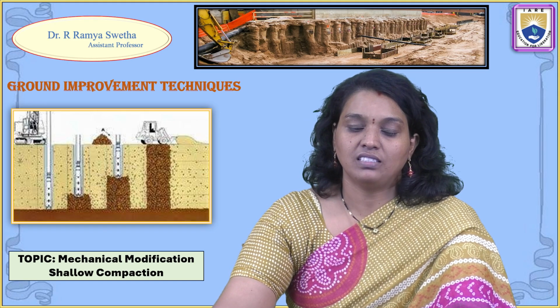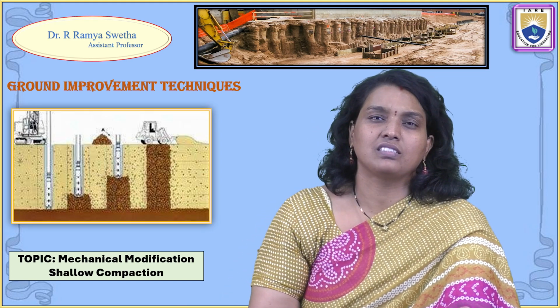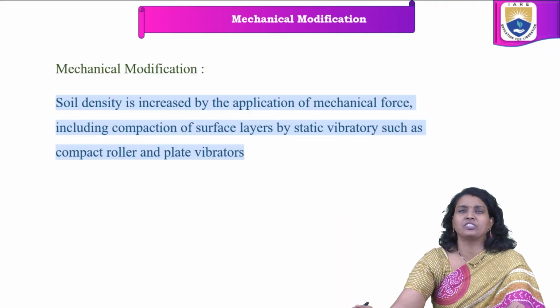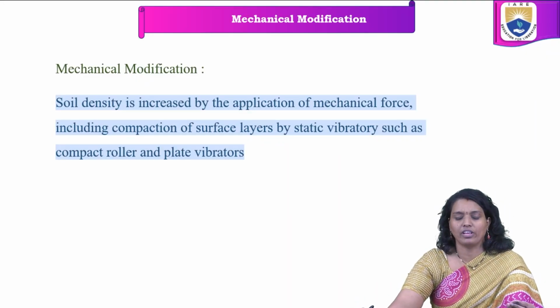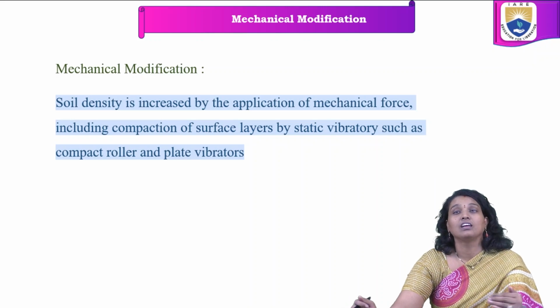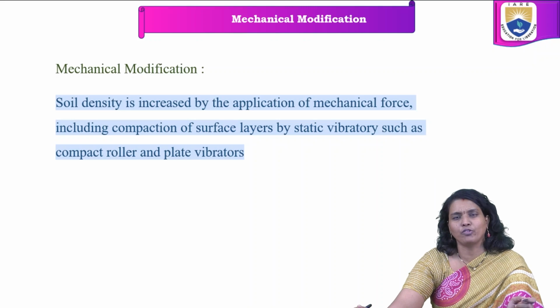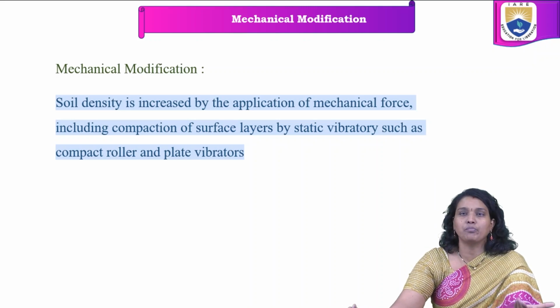Today our topic is mechanical modification, shallow compaction. In the last class we observed the various kinds of modifications for the betterment of the soil from a construction point of view, as well as how they improve various parameters.